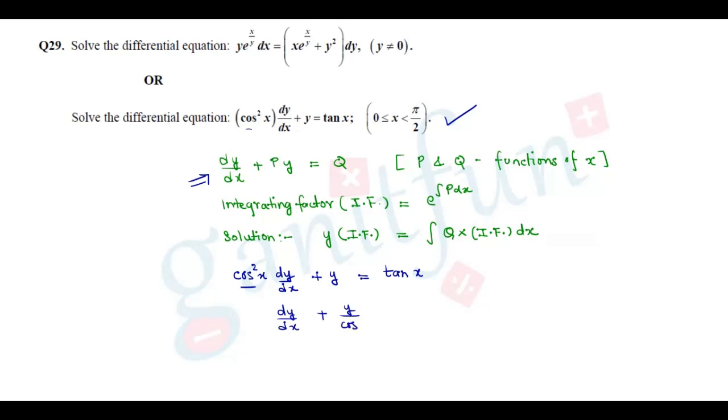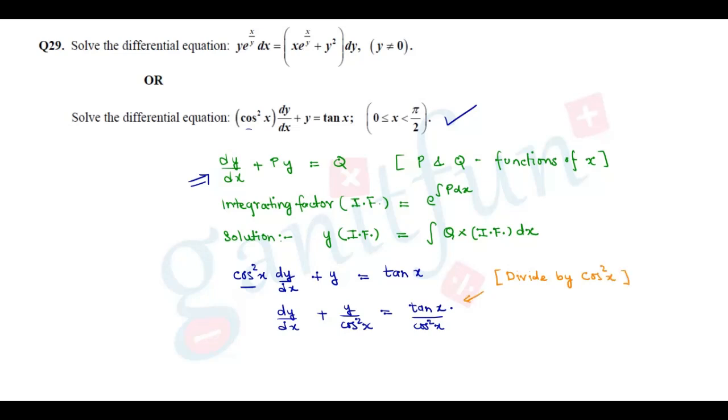So first term will be dy by dx, second will be y by cos square x, and third will be tan x by cos square x. So what we have done is divide by cos square x on both sides.